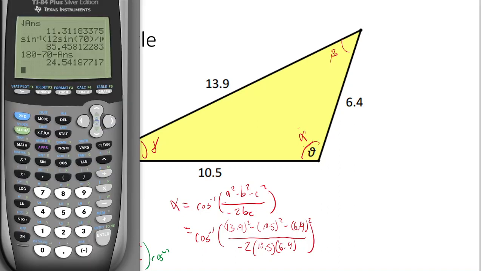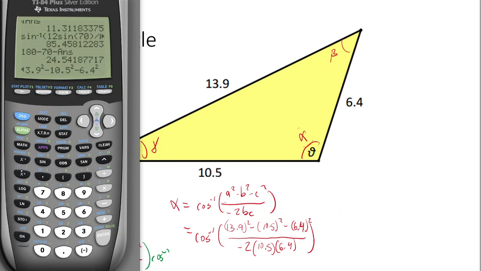This is kind of a pain to type in, but it's alright. Second inverse cosine, so second cosine gives me inverse cosine. And now in the numerator, I'm going to put parentheses here. I have 13.9 squared minus 10.5 squared. So that is not saying negative 10.5 squared. It's saying minus whatever 10.5 squared is. So that's okay, we don't need extra parentheses there.